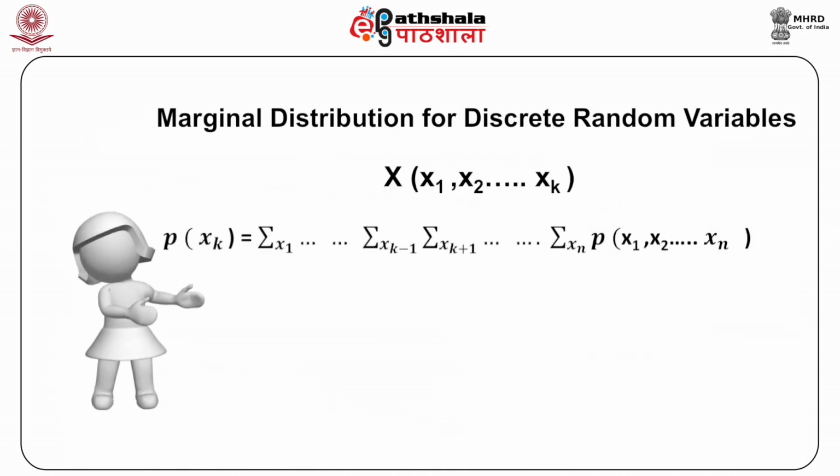Marginal distribution for discrete random variables. The marginal probability distribution of the kth random variable in the n-dimensional random variable X, (x1, x2 to xn), is the probability distribution of the individual xk variable and is equal to p(xk), which is the summation over x1 to x(k minus 1), x(k plus 1) to xn of the probability of x1, x2 right up to xn.